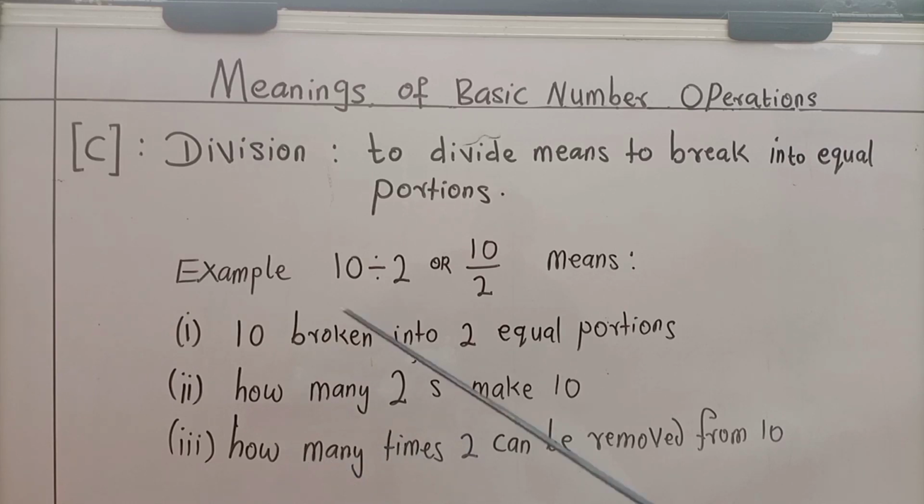The third meaning of this 10 over 2 is how many times 2 can be removed from 10. What it means is this. If you will start removing 2 from this 10, how many times are we going to carry that removal out before 10 is exhausted? Let us check whether these three meanings will give the same answer afterwards.